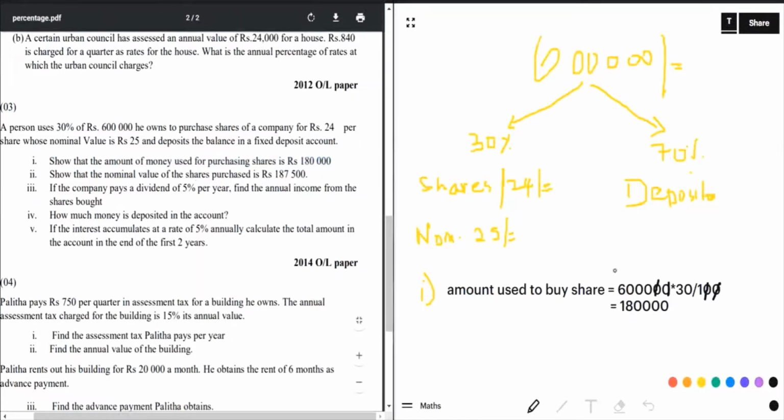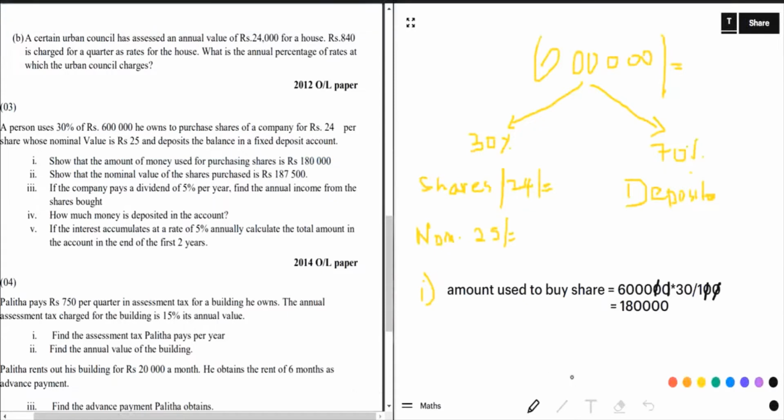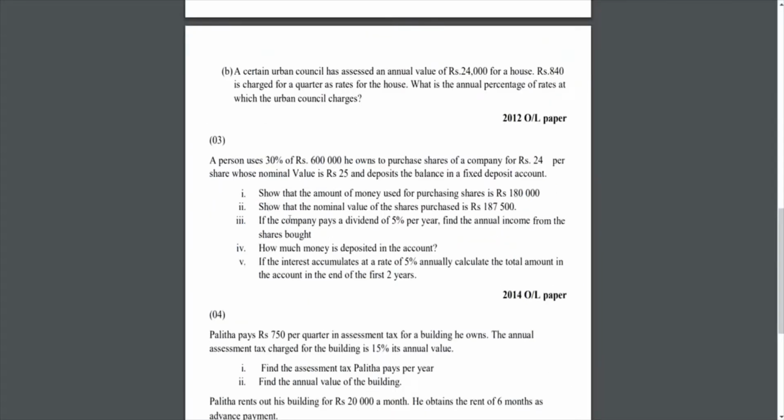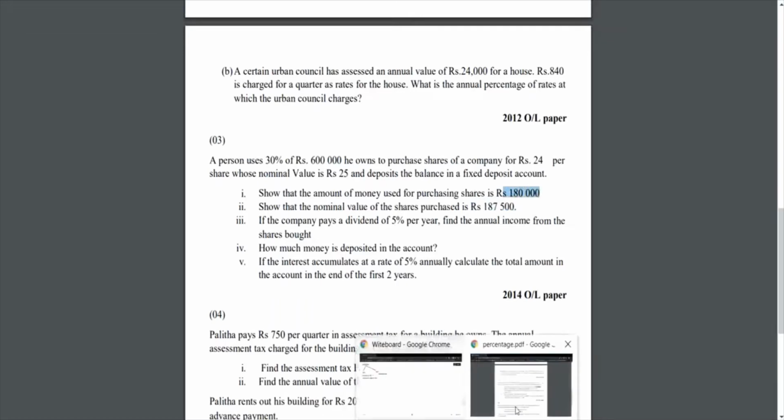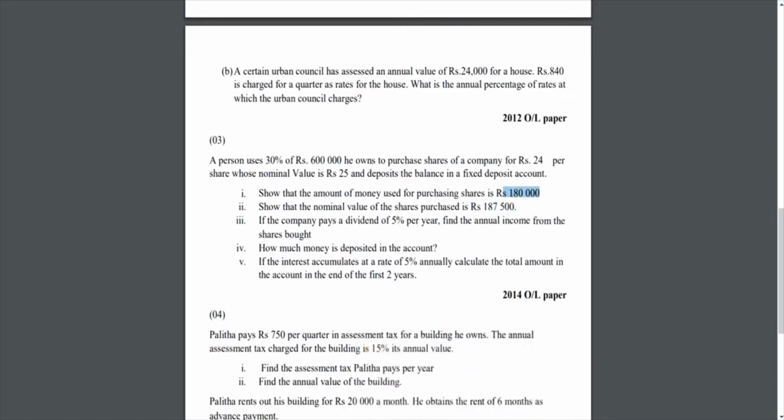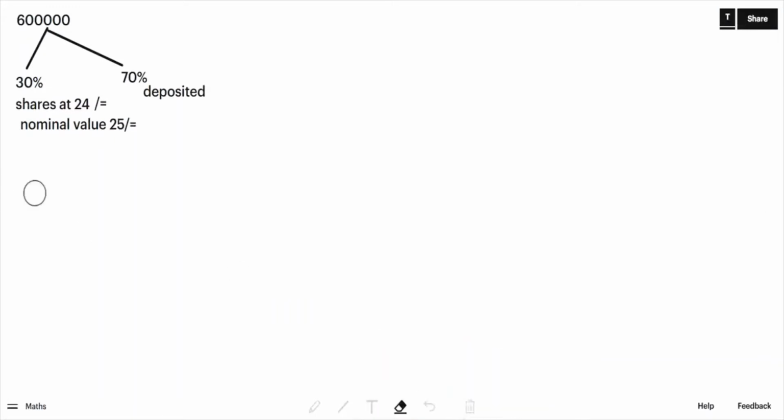Now let's go to the second question. In the second part, they are asking us to show that the nominal value of the shares purchased is 187,500. From the first question, we know that the money he used to purchase the shares is 180,000. To find this, first we should find the number of shares he purchased.